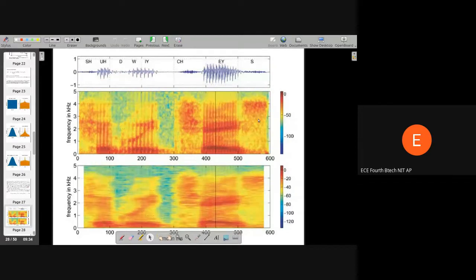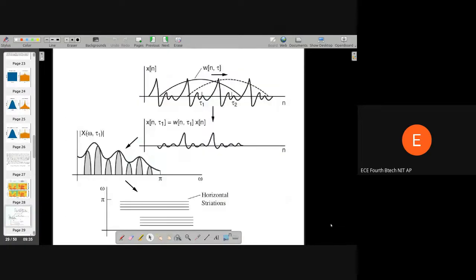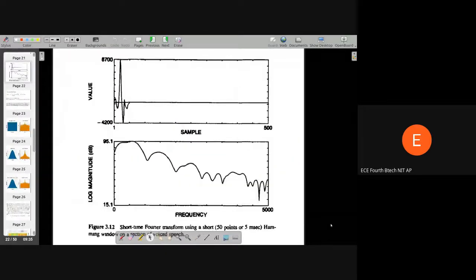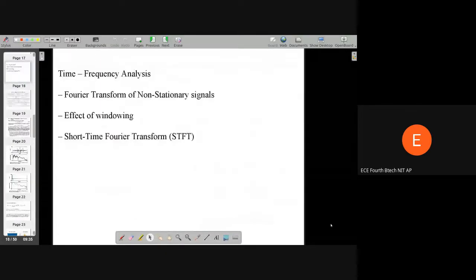In the narrowband spectrogram, the window main lobe is small, and we see horizontal striations which help us determine the fundamental period of the speech signal at different times, and that is also the fundamental frequency of the speaker.